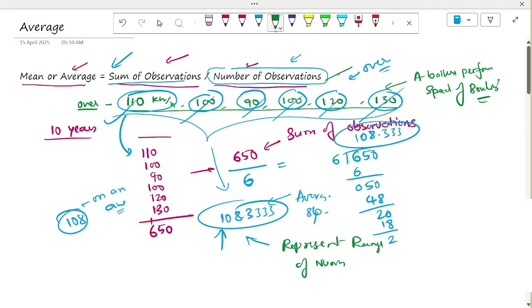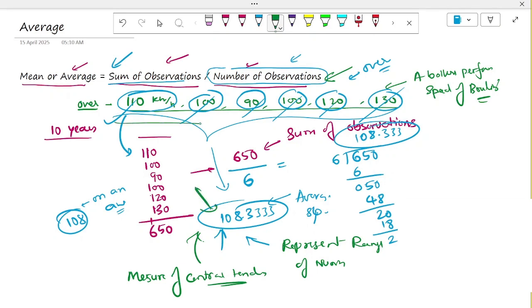Now we had so many numbers here, and we are just trying to represent all these numbers using a single number. So it acts as a measure of central tendency. It means this particular value is central to all the given values. This is called the arithmetic mean.